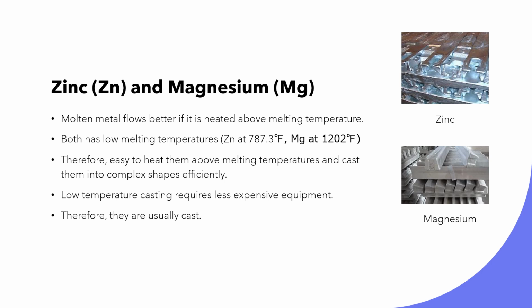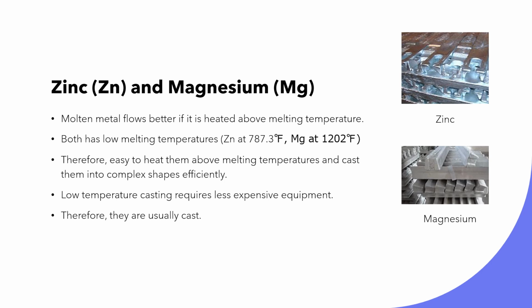So they're easy to heat treat, and we heat them above that melting temperature because it's very low. You can control it easily, heat above these temperatures, and cast them into complex shapes efficiently. This temperature is nothing in the heating industry, because you can definitely control it.